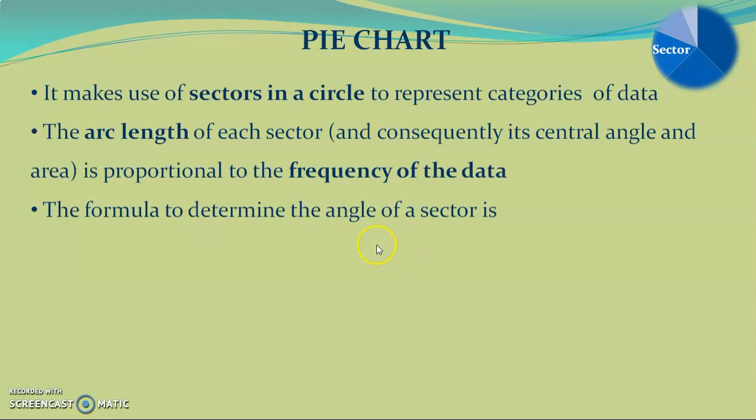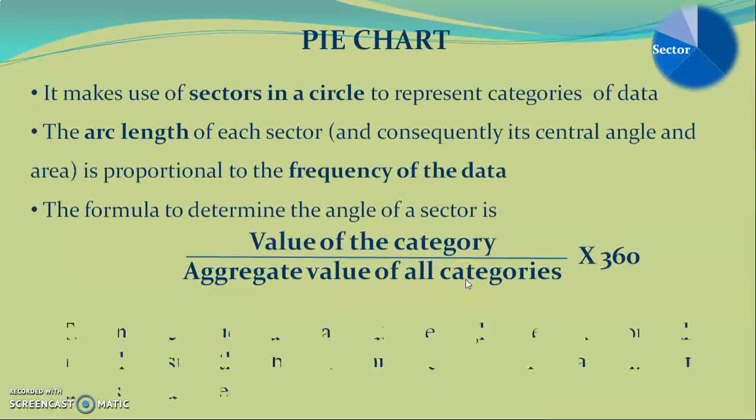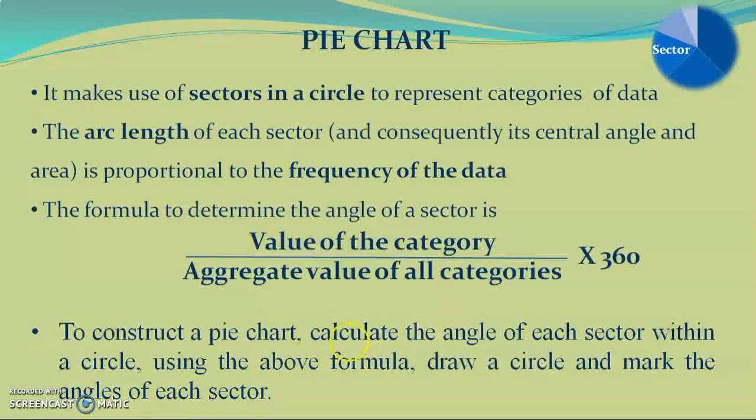The formula to determine the angle of each sector when we draw a pie chart for a frequency table is the value of the category divided by the sum of the values of all categories, multiplied by 360. Calculate the angle of each sector using this equation and draw the different sectors, and the area or the arc length of each sector represents the value of the dependent variable.